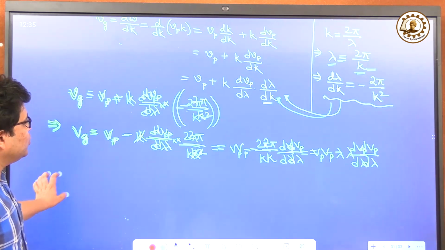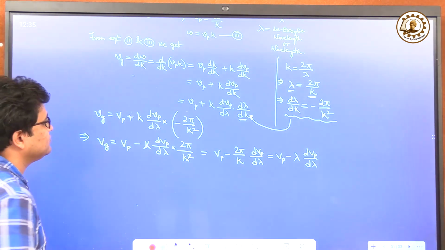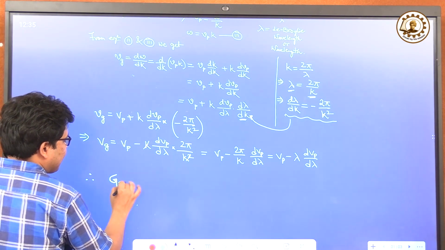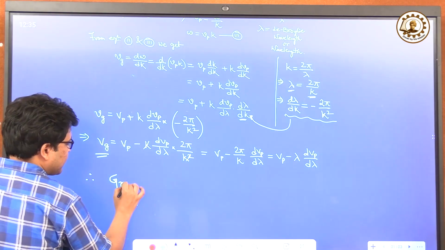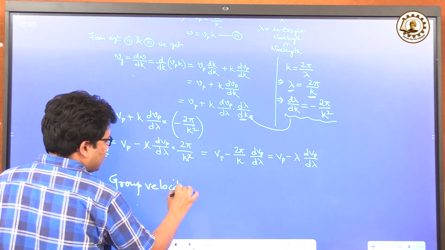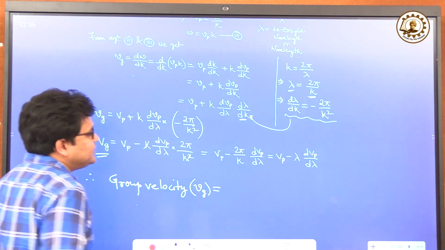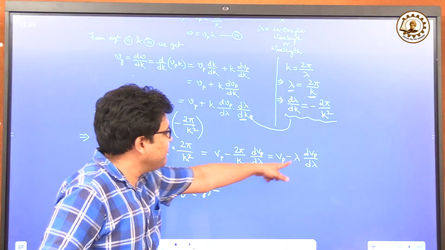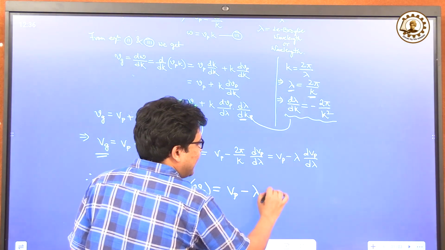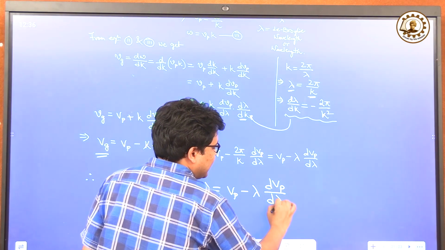So the final result is group velocity, I mean Vg, equals Vp minus lambda dVp over d lambda.